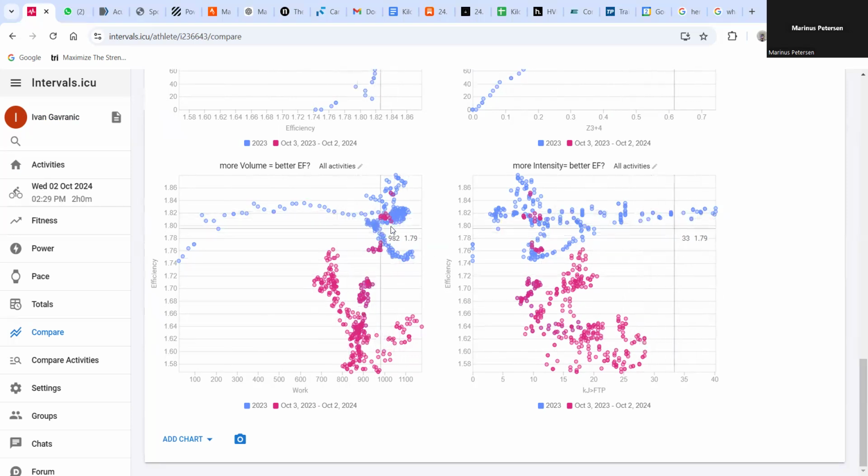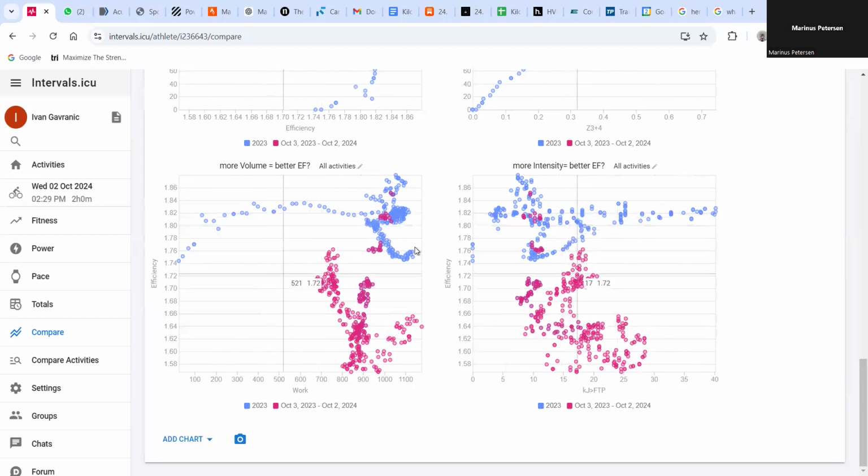Again with this person, there's not a great correlation with volume. As they're doing more intensity, is their efficiency getting better? I don't know. Not really.